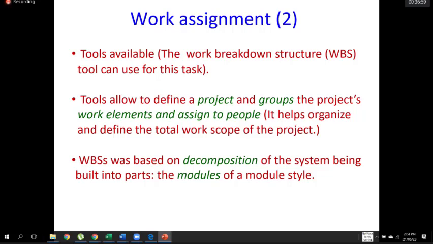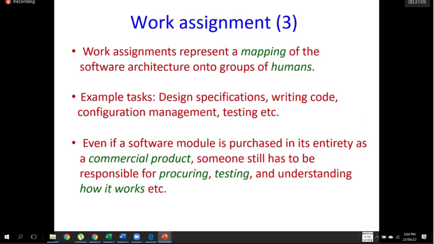There have been tools used for this purpose. The work assignment view represents a mapping of the software architecture onto the human component, the people who are responsible for the actual designing and coding and so on, right?